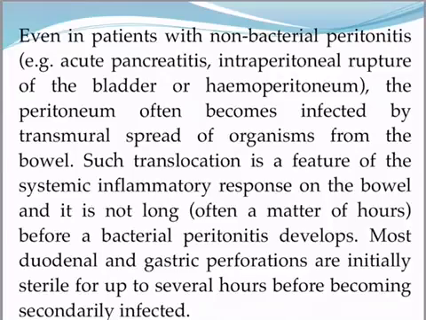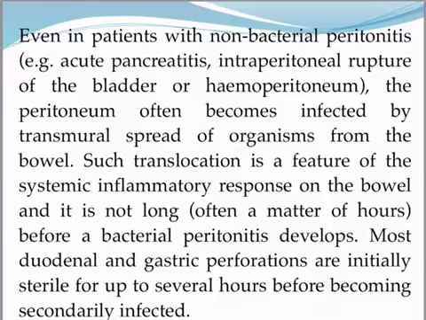The peritoneum often becomes infected later on, after a few hours, by bacteria which arise from transmural spread of organisms. There is no real perforation of the bowel, but the normal flora inside the bowel will transgress or translocate through the affected bowel wall to infect this peritoneal fluid, and within a few hours this fluid becomes infected, and bacteria will multiply, causing bacterial peritonitis.